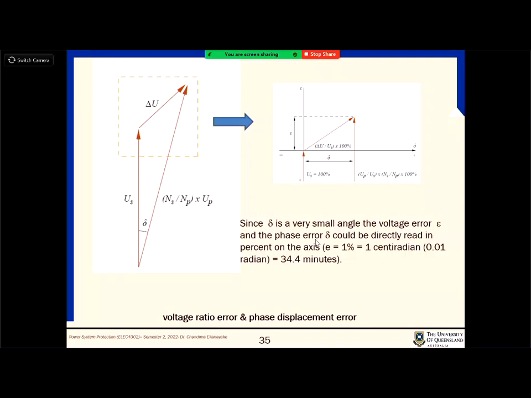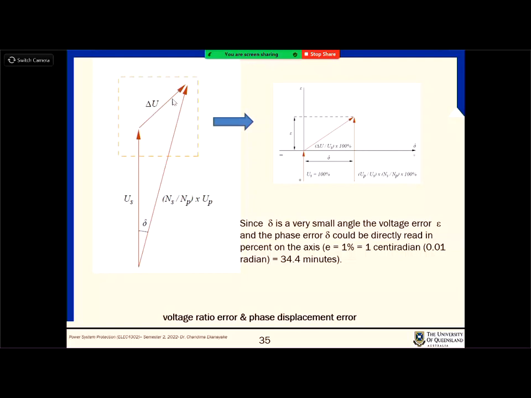How do they interpret it? That is what is described. Say Us is the measured secondary. This is the expected secondary because this is the turns ratio and this is the primary voltage, but you can see that they are not in the same phase, and there is a slight magnitude error as well.